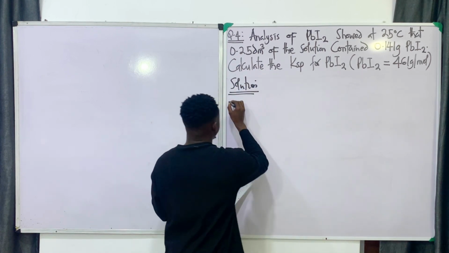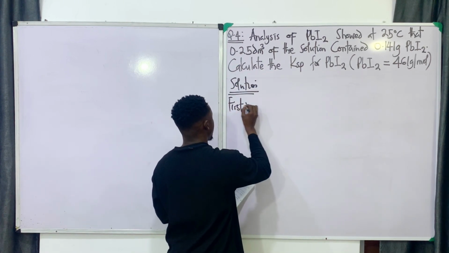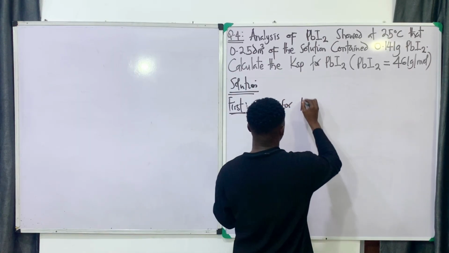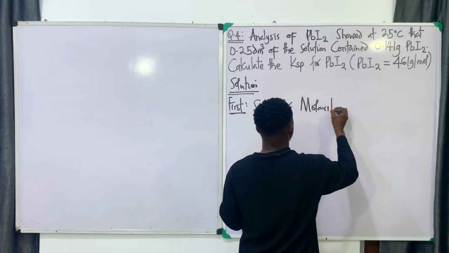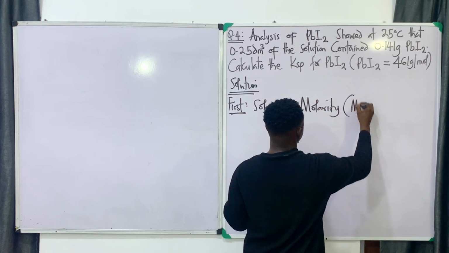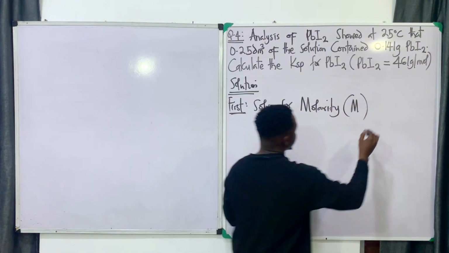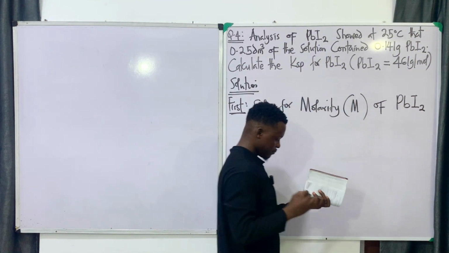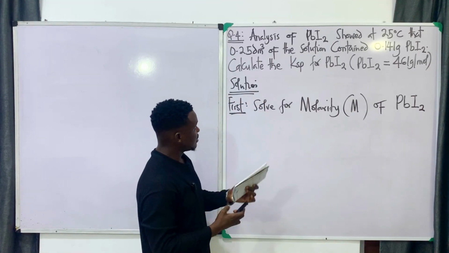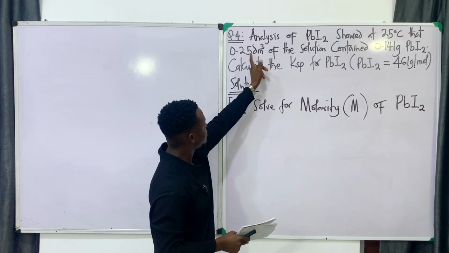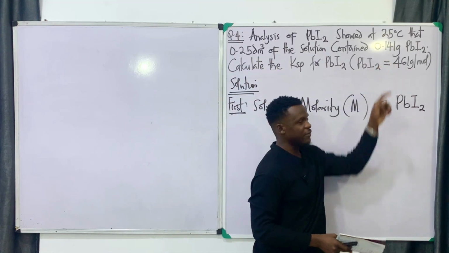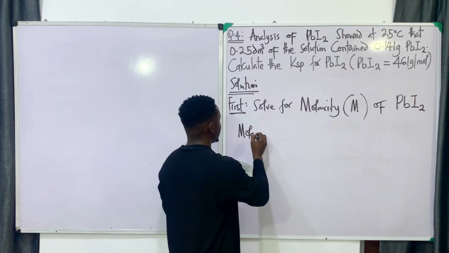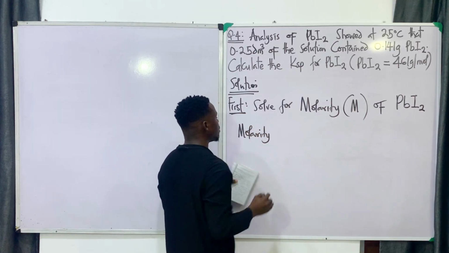Now, first, solve for molarity of PbI2. If you look at this, they gave us the volume and they gave us mass. So this is what I would do. I'll say molarity. There's a relationship between molarity and volume.